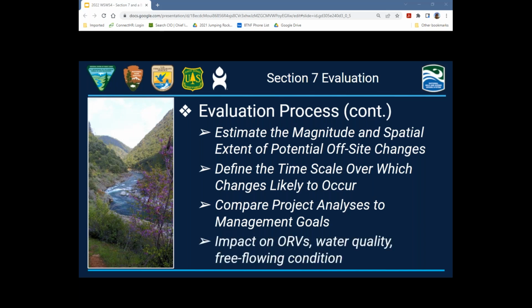The evaluation should specifically identify the potential impacts on each river-related value, including ORVs, water quality, and free-flowing condition. Since the Act requires protection of these specific values through the Section 7 process, any litigation surrounding the Section 7 determination will likely be centered on how thoroughly the impacts to these values are documented.